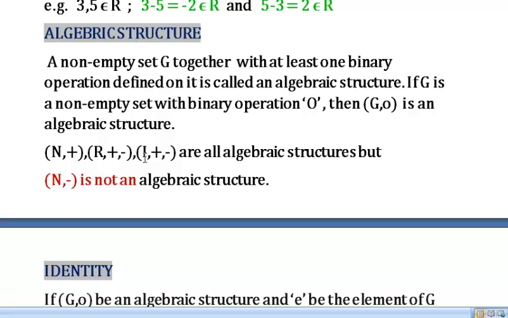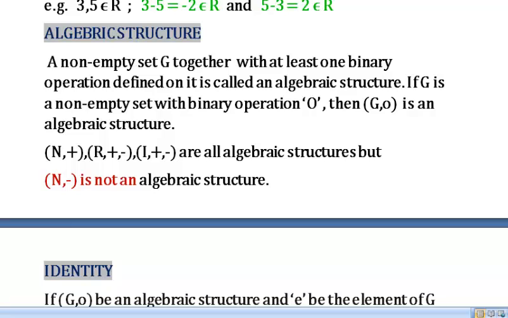Similarly, the sum and difference is also defined as a binary operation for the set of integers, since the sum of two integers is always an integer and the difference of two integers is also an integer. Therefore, (N, +), (R, +, -), (I, +, -) are all algebraic structures. But (N, -) is not an algebraic structure because difference of two natural numbers is not always a natural number.